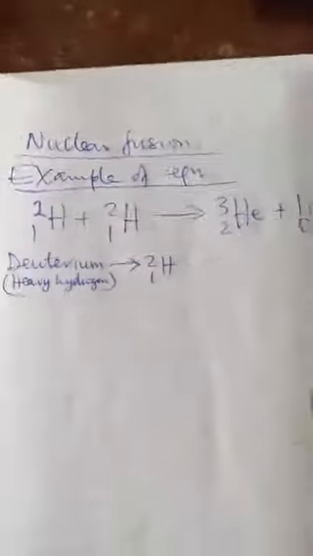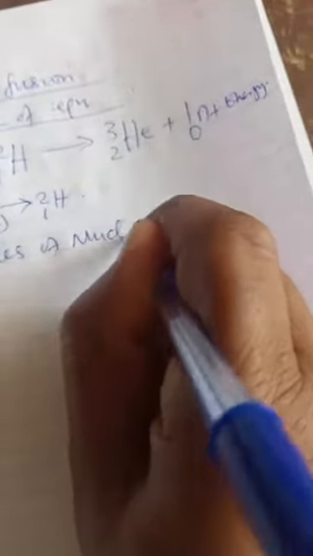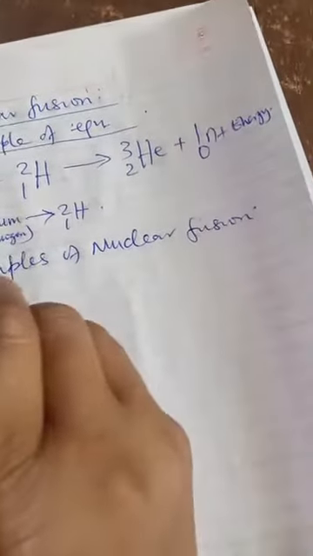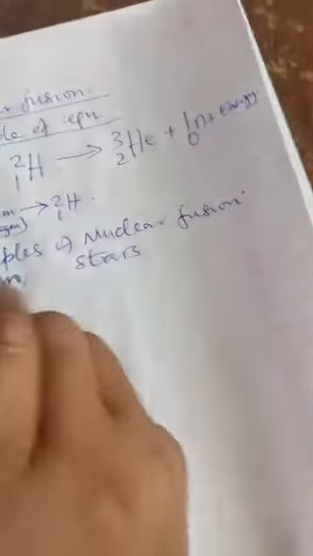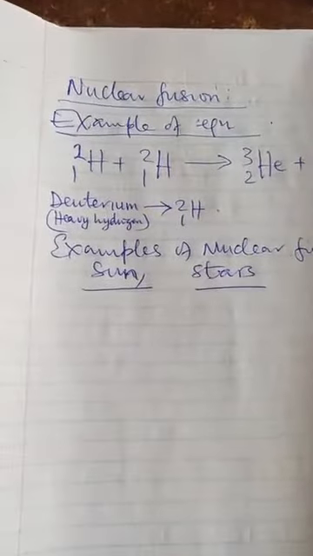And we are saying reactions of this kind occur in the sun and stars. Sometimes they ask you to give examples of nuclear fusion: the sun and other stars. I hope you are aware as physics students that the sun is a star, and it is the biggest star.